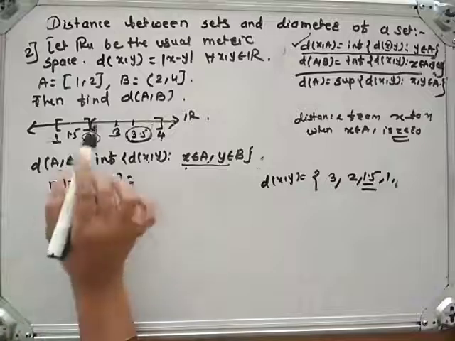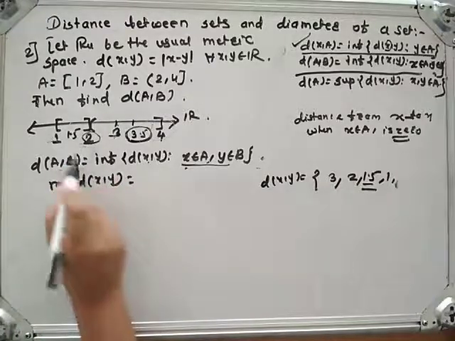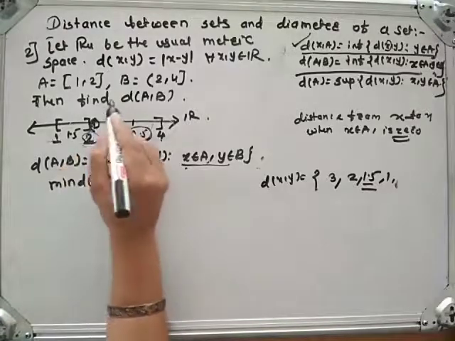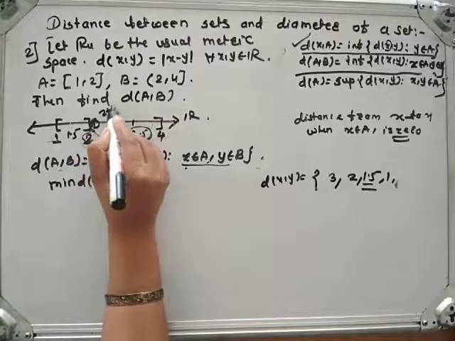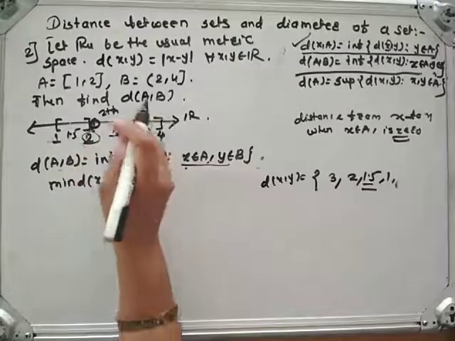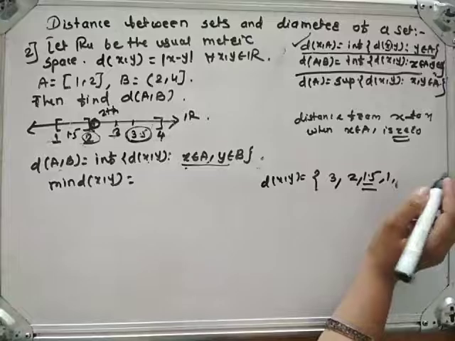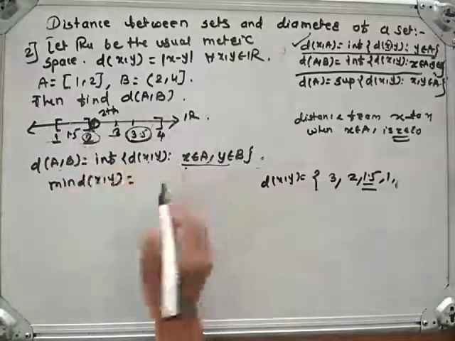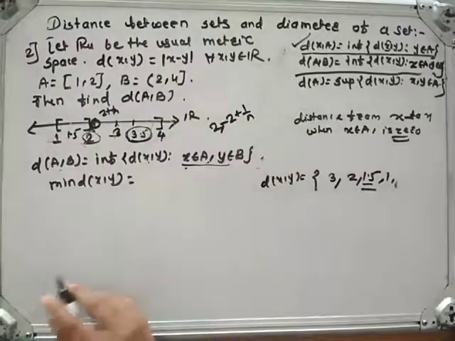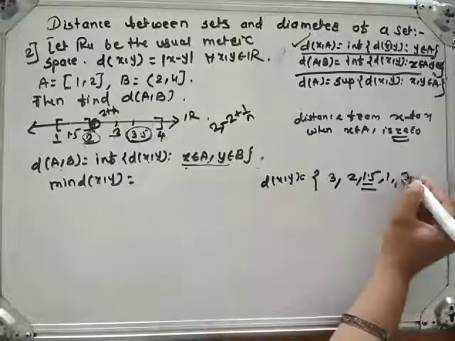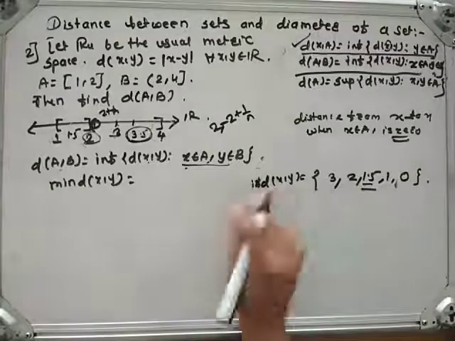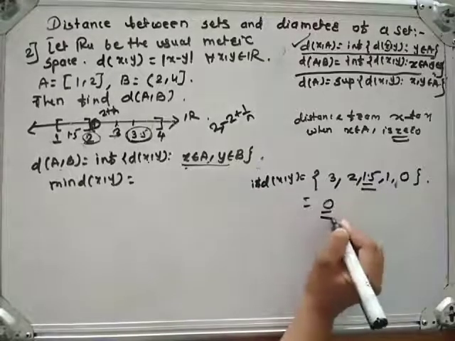And here observe that if you take 2 from set A and a point of the form 2 plus 1 by n, which is 2.1 and so on, then what is the distance between 2 and 2 plus 1 by n? If you take the infimum among these numbers, obviously you get 0.